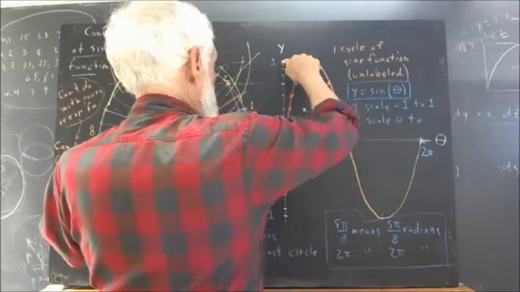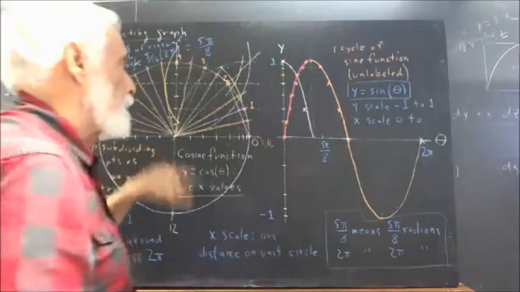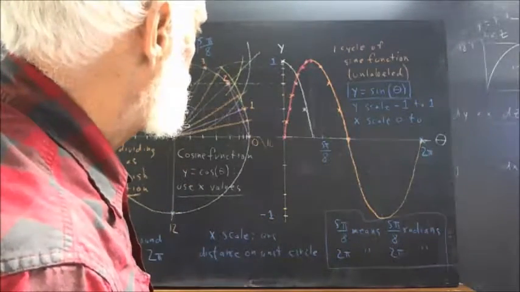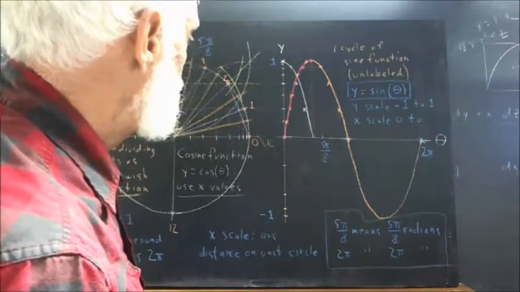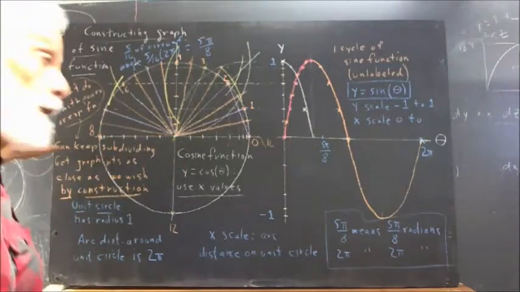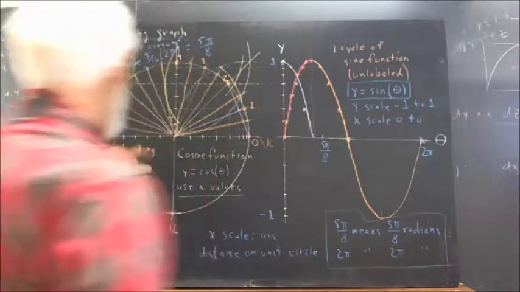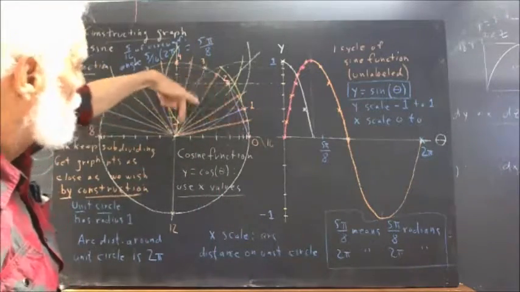So we get a function whose graph looks something like this. And I kind of missed a point there, but that's okay, we get the idea. And then we go to negative values as we continue going around the circle. The x values start to go negative. I did draw the projection lines lightly here.